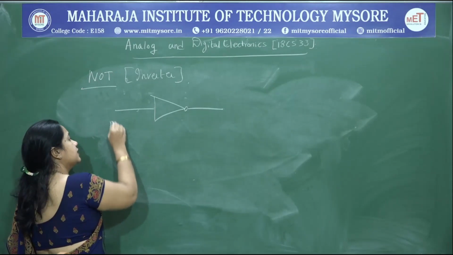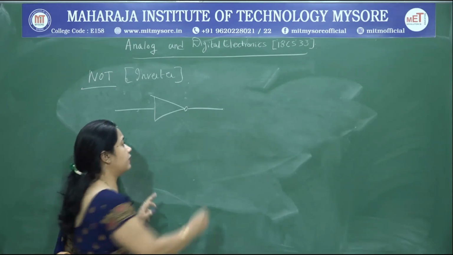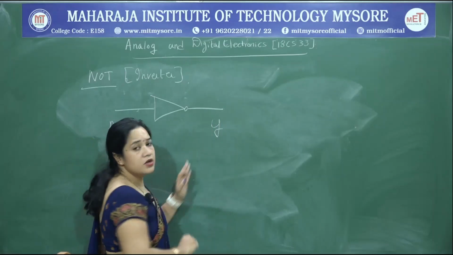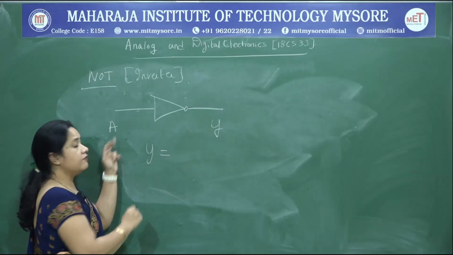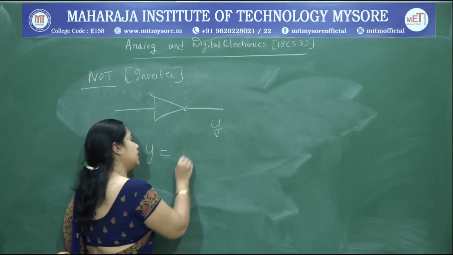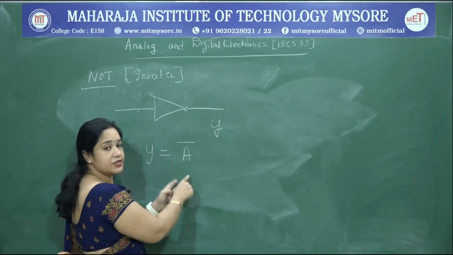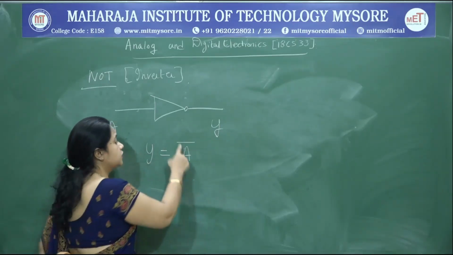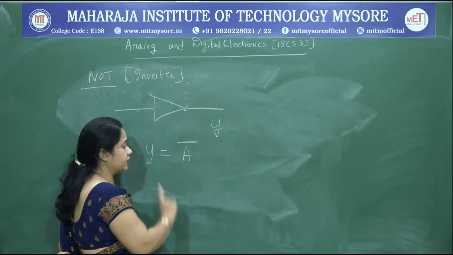If I use the literal A as the input and call Y the output, because it is an inverter, Y is going to be the inversion of the input, and we represent it as A bar, indicating that the output is the inversion of the input. So this designation indicates A bar or A inverter.